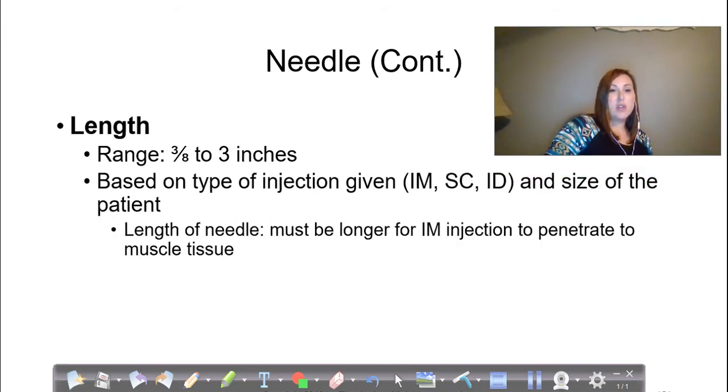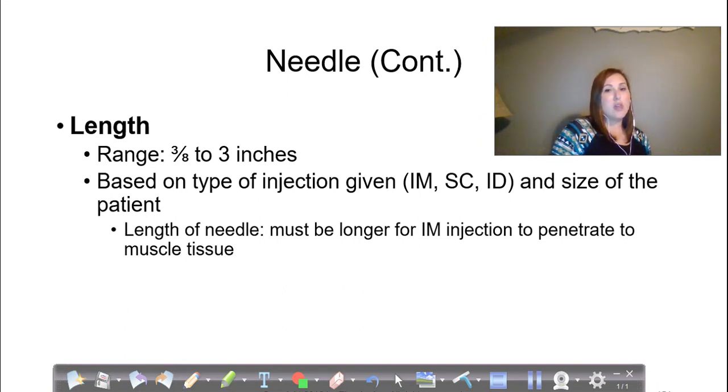The length of the needle can range to 3/8 of an inch to 3 inches, and it depends on what type of injection you're giving and the size of the patient. So you want to make sure when you're choosing the length of your needle, it must be longer for an IM injection because you want it to penetrate the muscle.